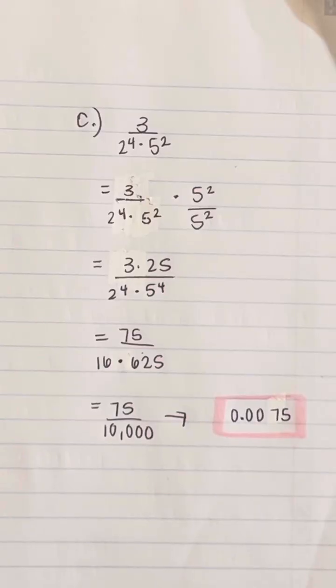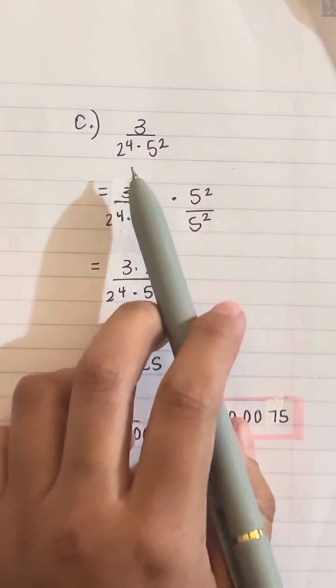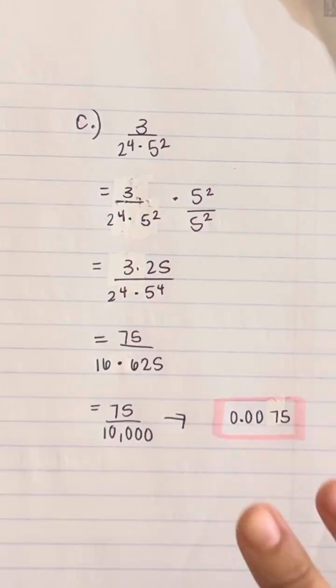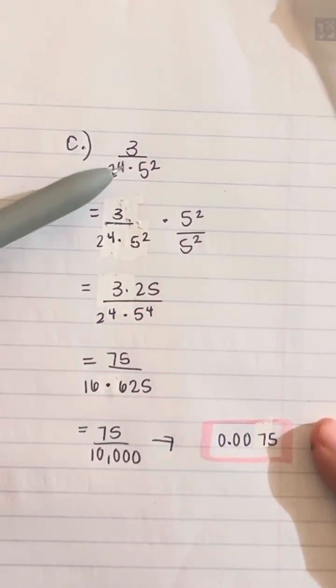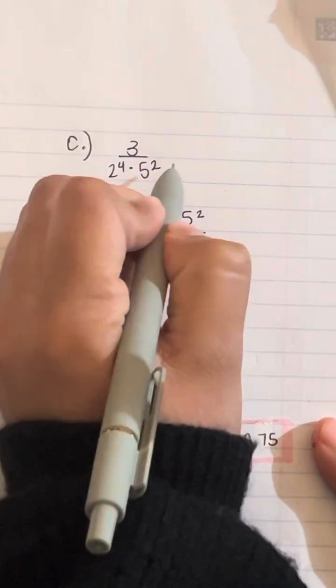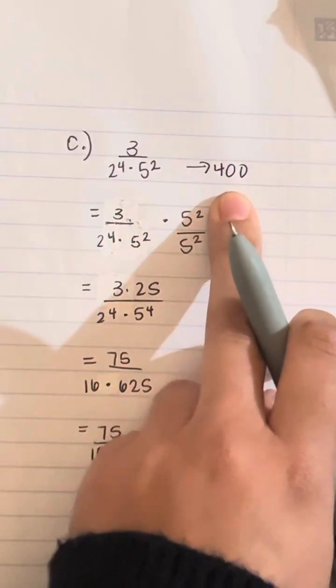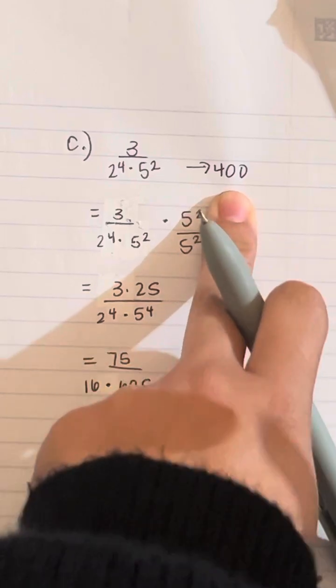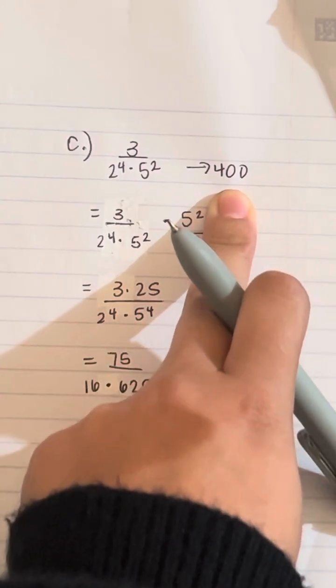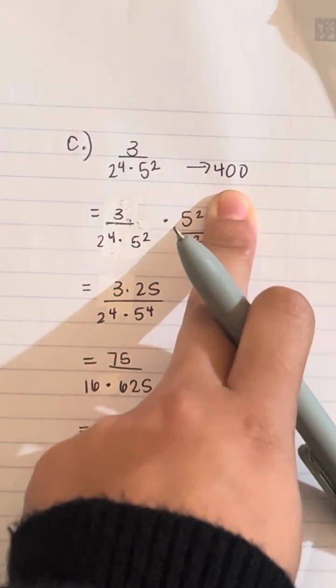Now for part C, we are dealing with exponents already, but that shouldn't really scare us. Technically this equals 400, but 2 does not go into 400 equally, or 5 doesn't really go into 400 equally, like using nice exponents.